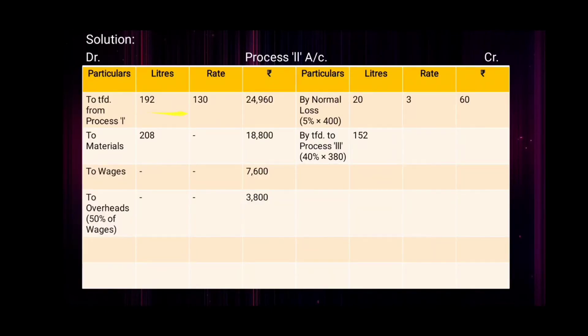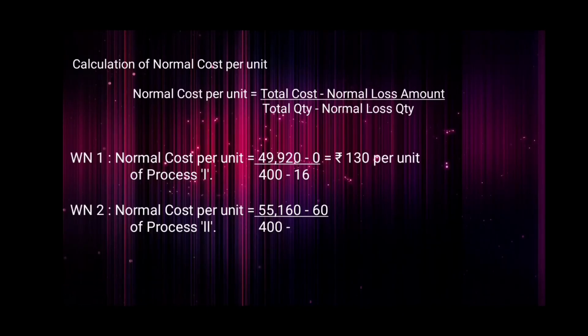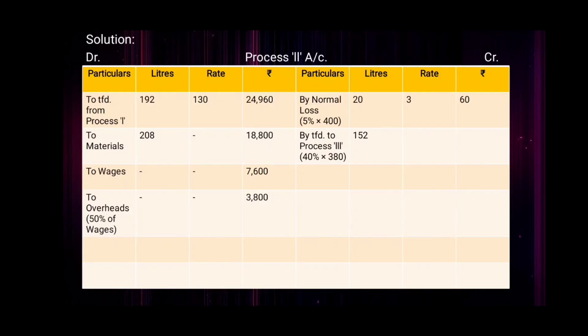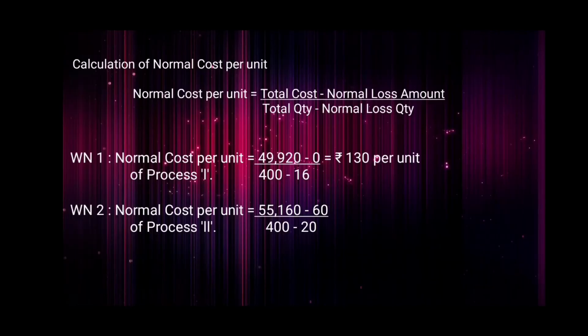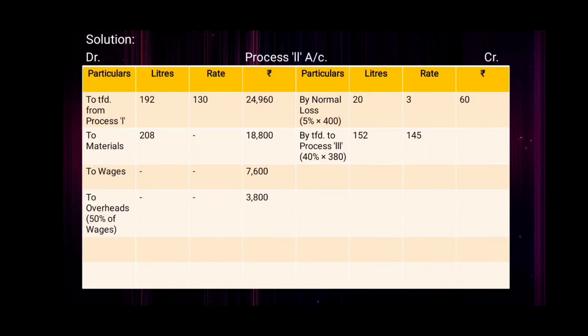So the total quantity is 400 minus normal loss quantity, which is 20, which is equal to 55,100 divided by 380, which is equal to rupees 145 per unit. So we'll record the rate amount 145. So the total amount will be 22,040.